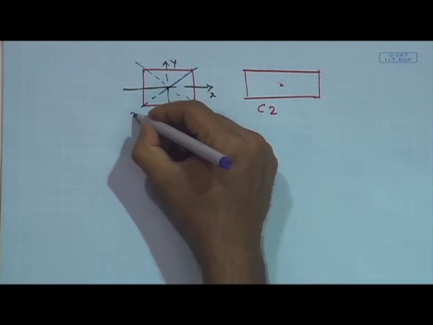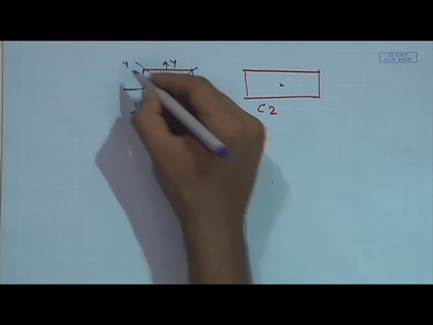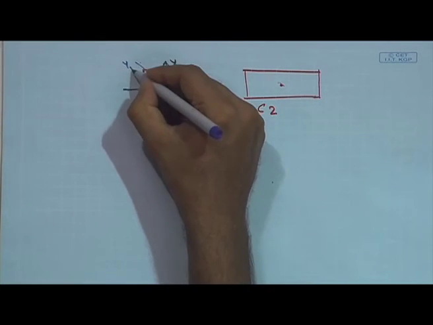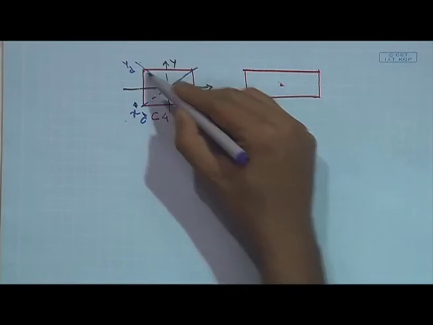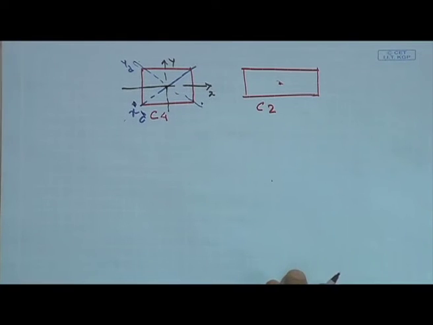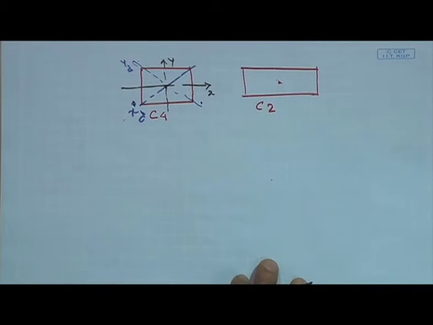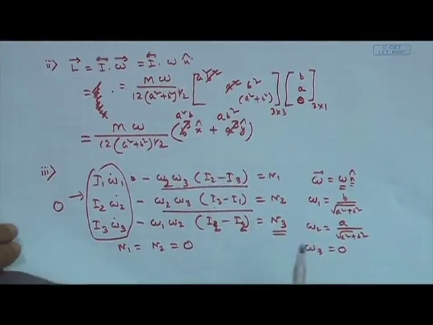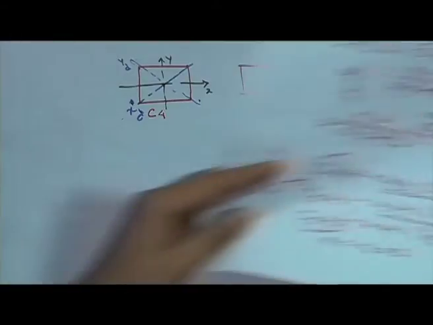So, you can have either x and y, or, let us call them, x diagonal and y diagonal. Either you can take this as your symmetry axis or you can take this as your symmetry axis, both will serve the purpose. And this is why, because the axis of rotation is a symmetry axis, we have the torque vanishing, here.